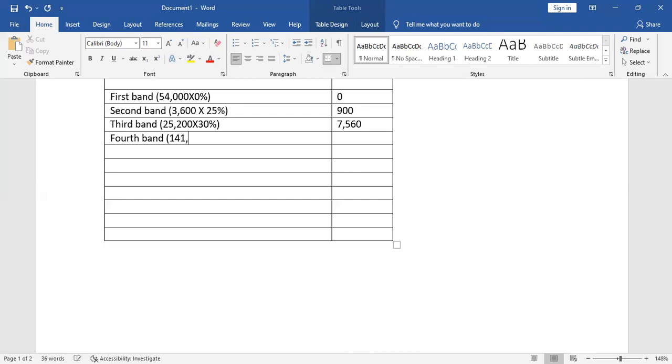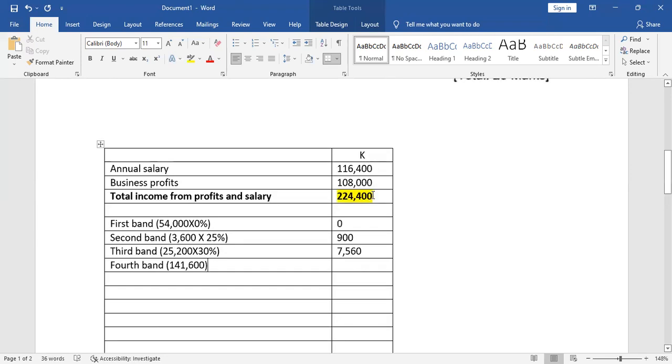We know where the 141,600 is coming from. We're just removing what we've already taxed from the 224,400. We remain with the 141,600, which remains untaxed, and this one will be taxed at 37.5%. There you go.